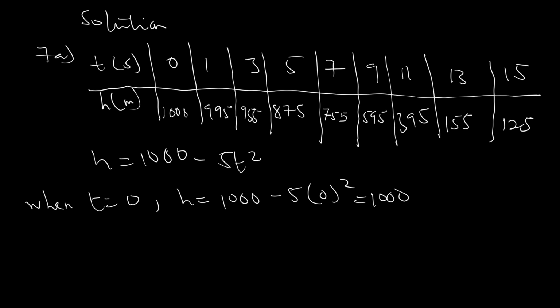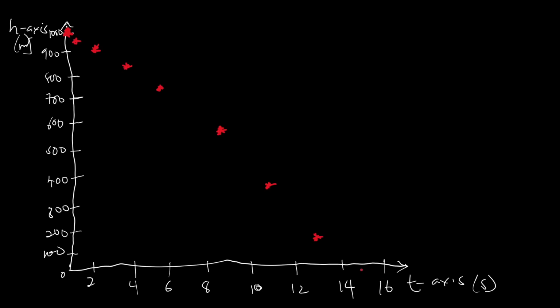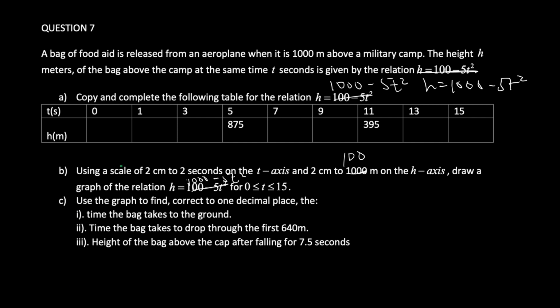And for 15, we'll have 125, so 15, 125 should be here. So remember, this is not drawn to scale. You have this. All right. So that'll be for question 7b.